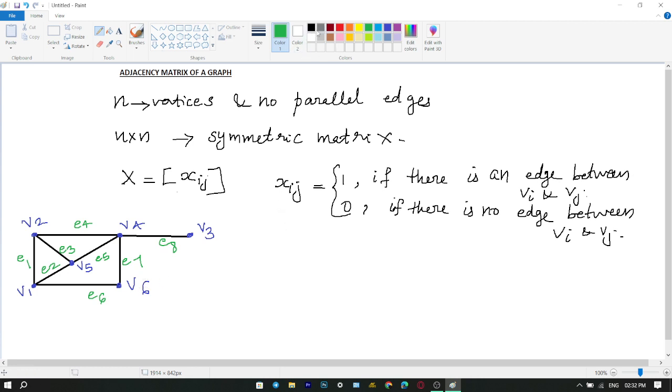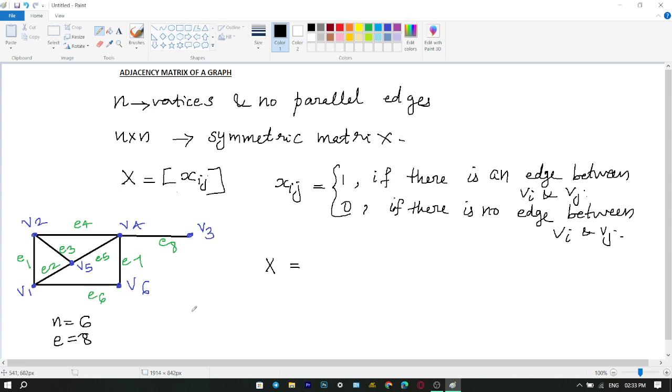Okay, now the corresponding adjacency matrix is given by X is equal to... Here we can see that there are 6 vertices. Here n is equal to 6 and the number of edges E is equal to 8. We already saw that the corresponding adjacency matrix will be a symmetric matrix of order n by n.